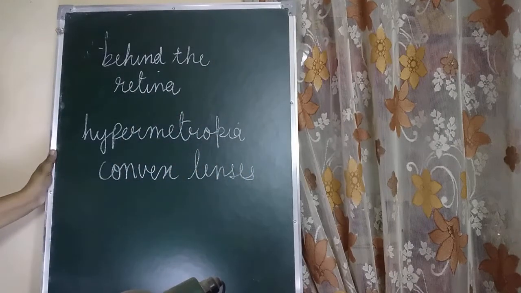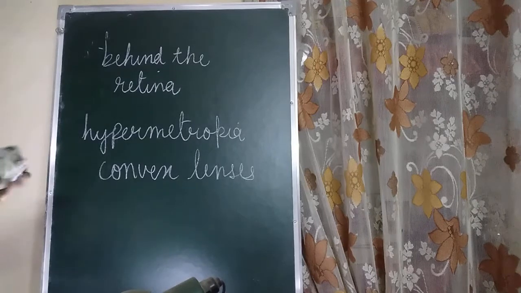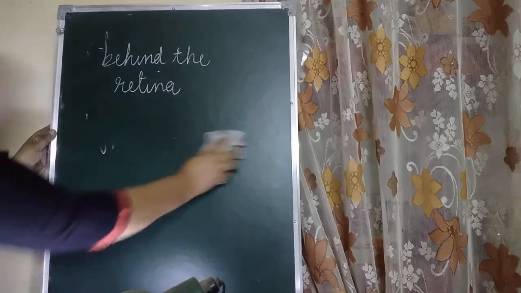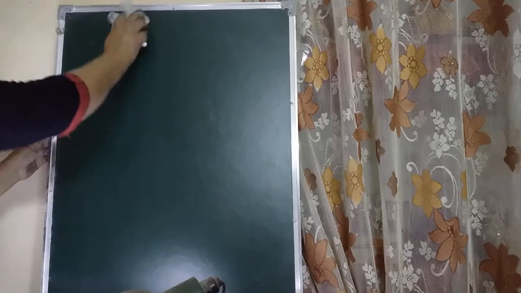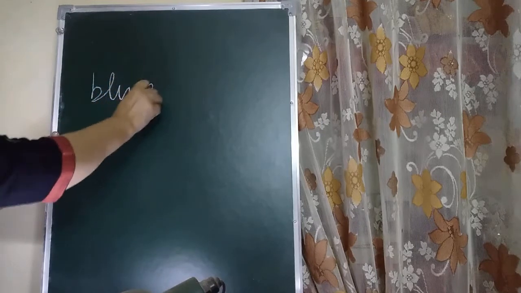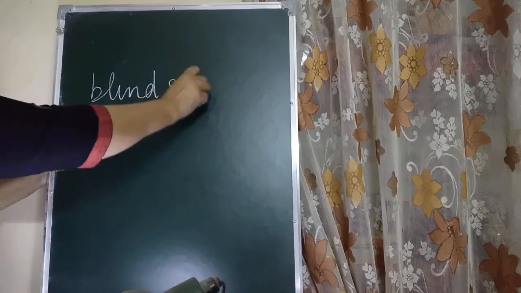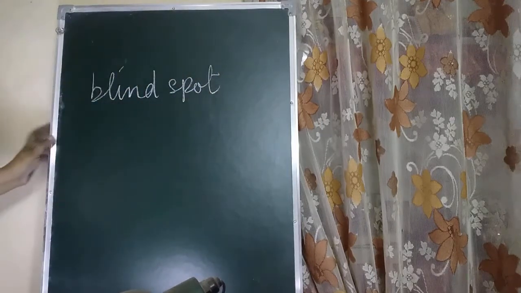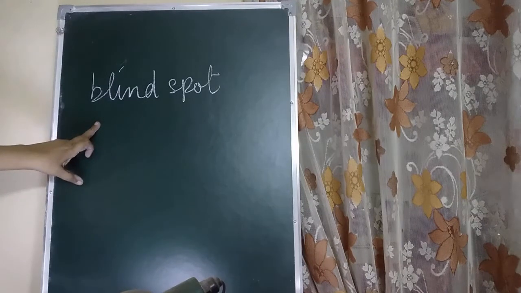Okay, children. Now, the next question is, what is blind spot? There is a portion on the retina where the nerve fibers enter the optic nerve.